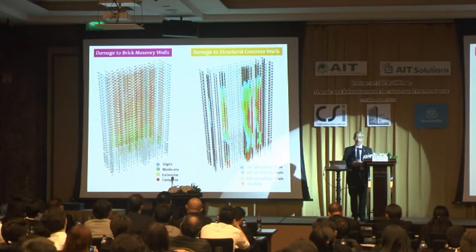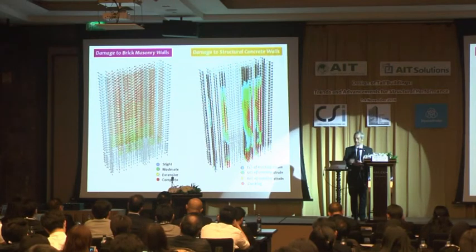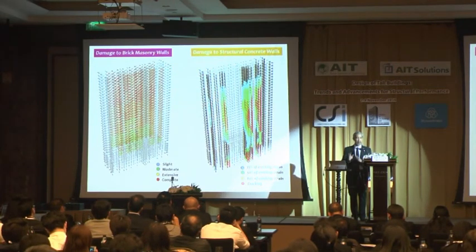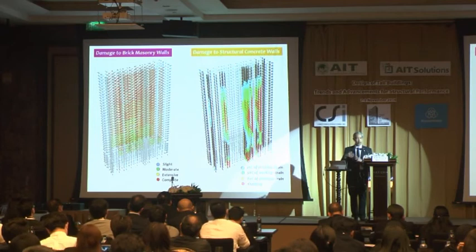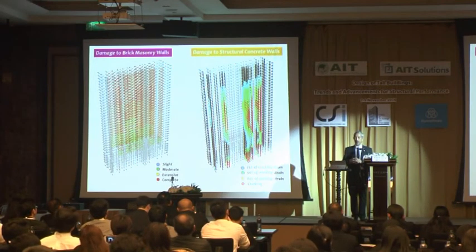We can no longer use them. We have to remove them and replace them with new ones. Structural walls will crack, but still remain standing. And then we checked not just these two buildings, but 100 buildings.